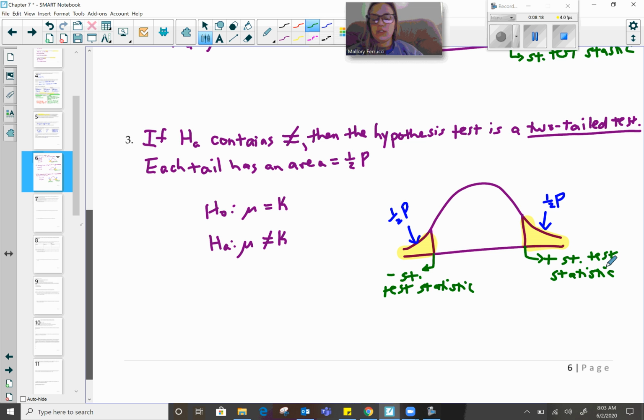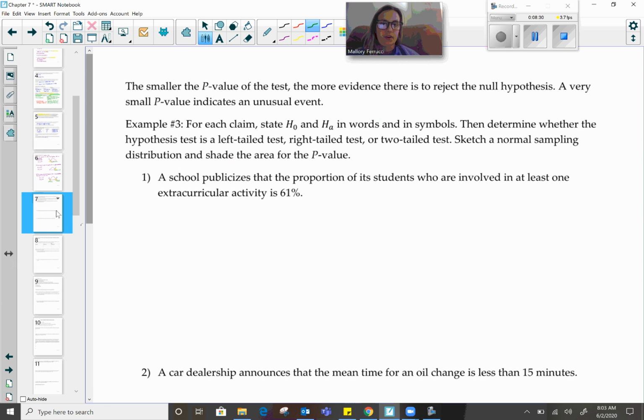Those are the different types of hypothesis tests. So now we're going to figure out if we can tell the difference between each of these to see what type of test it is.